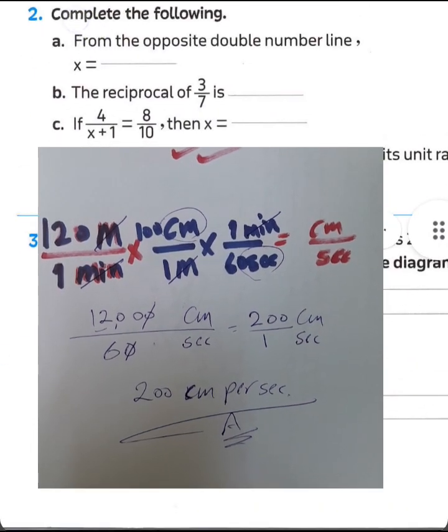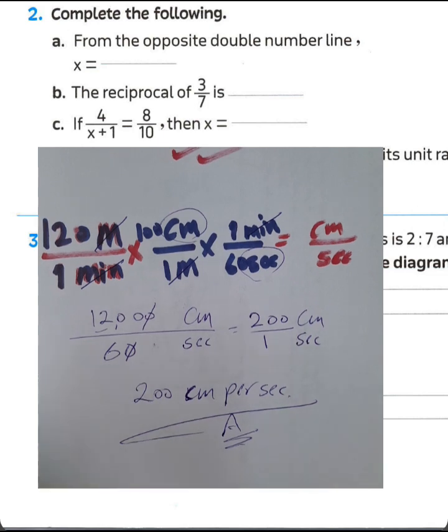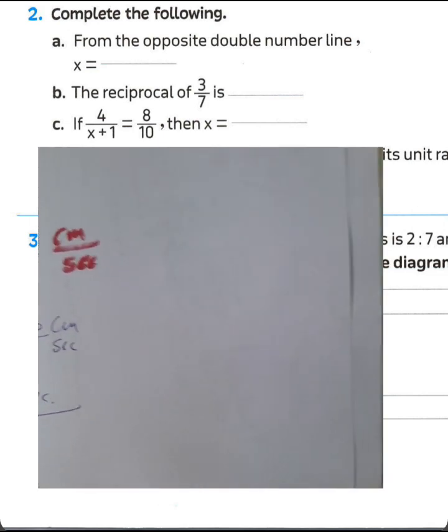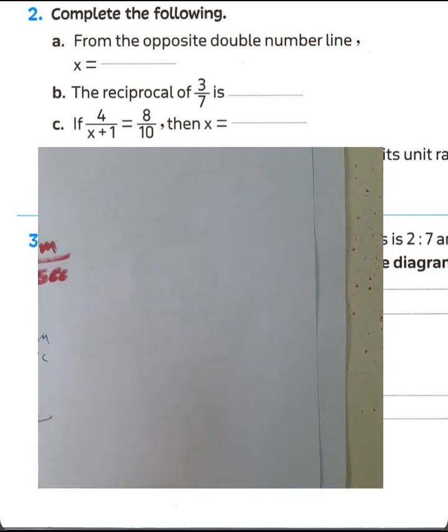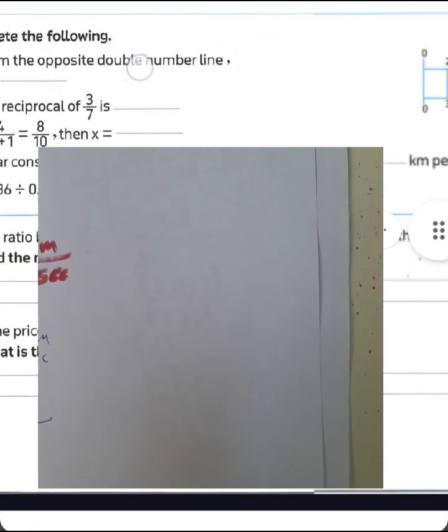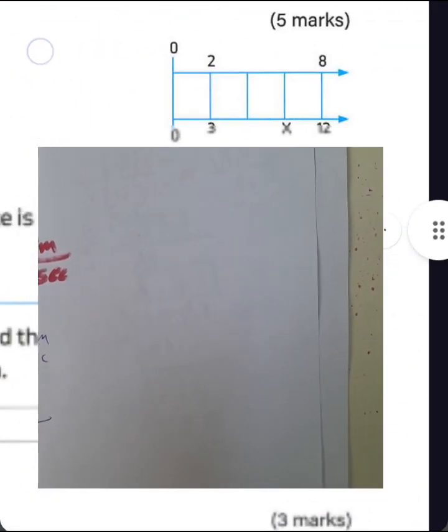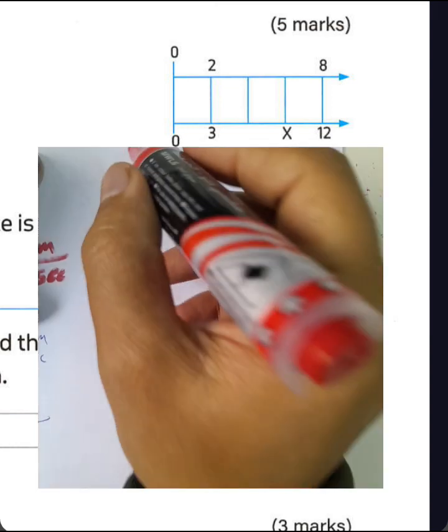From the opposite double number line, we want to find the value of x. Okay, look with me at the number line here, beginning from 0.